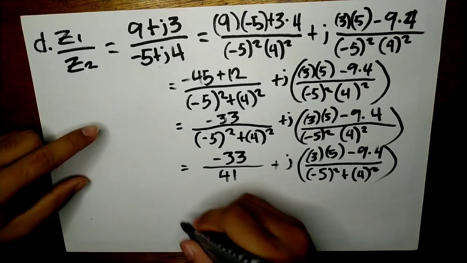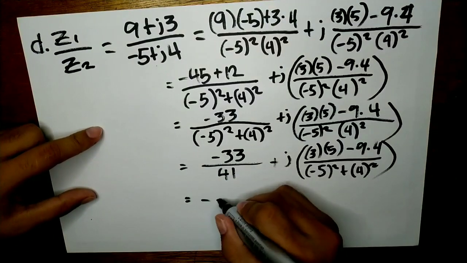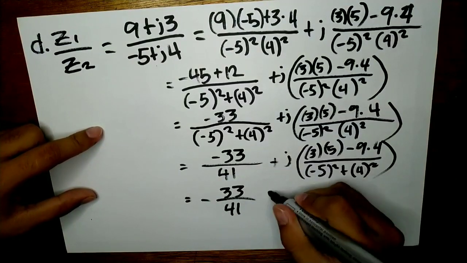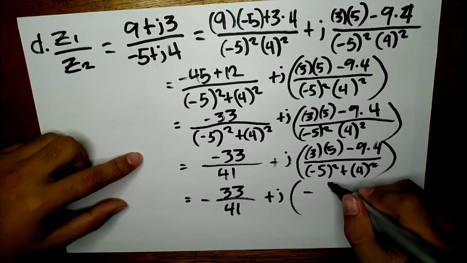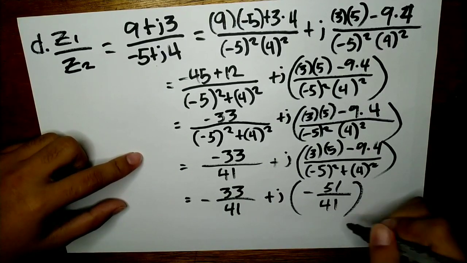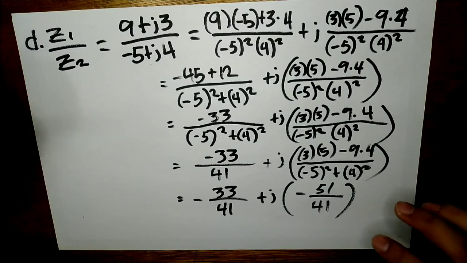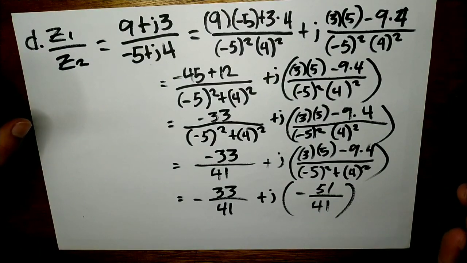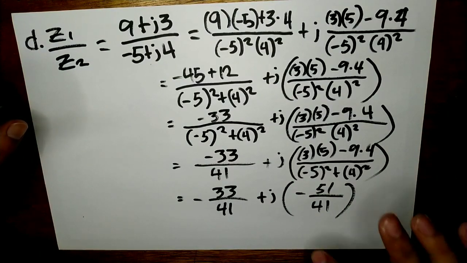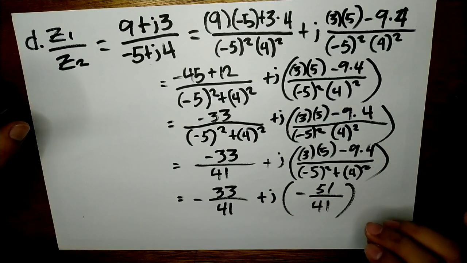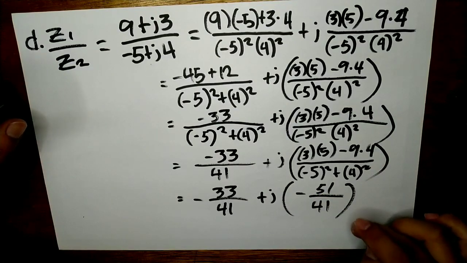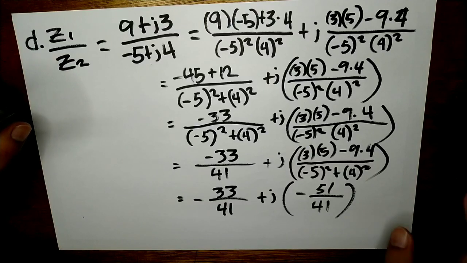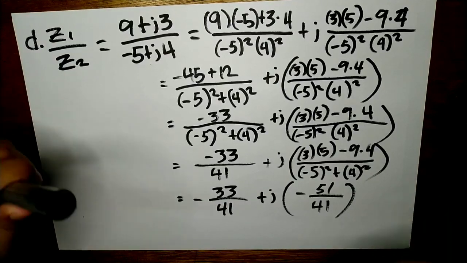Now let's go. After we've done this, we need to combine the I into negative 51 all over 41.